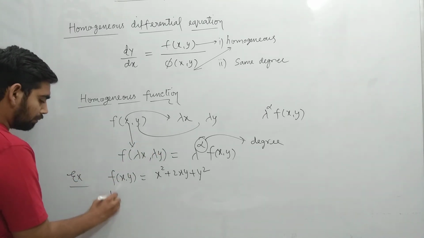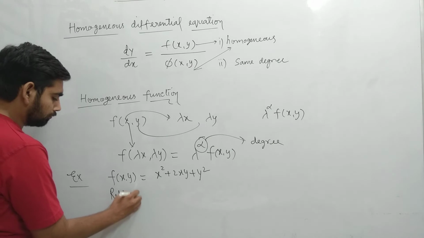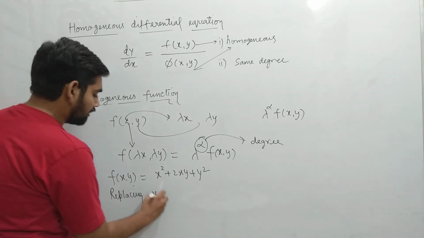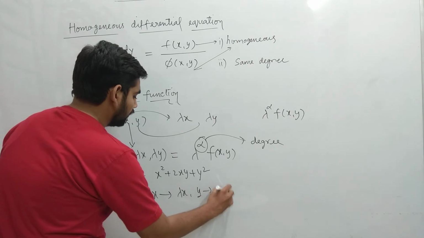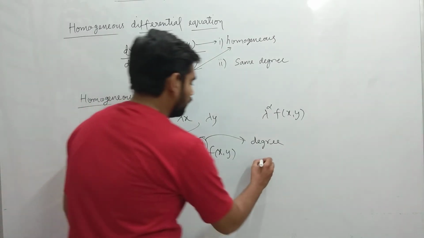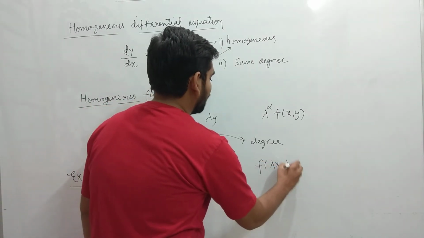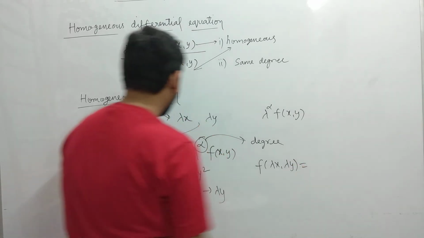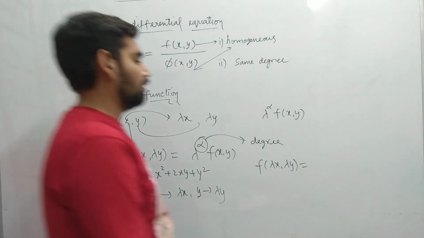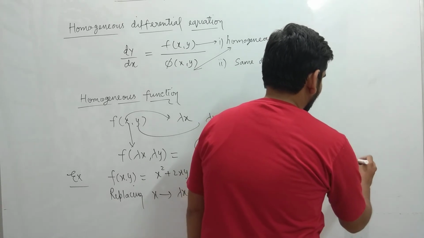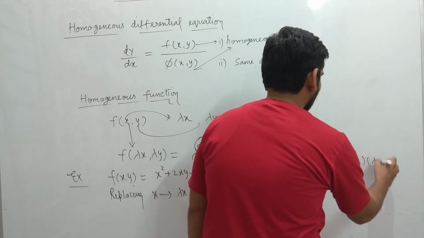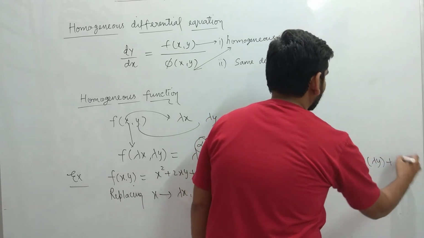So replacing x with lambda x, y with lambda y, we will get f(lambda x, lambda y), which will be equal to (lambda x) to the power 2 plus 2 (lambda x)(lambda y) plus (lambda y) to the power 2.